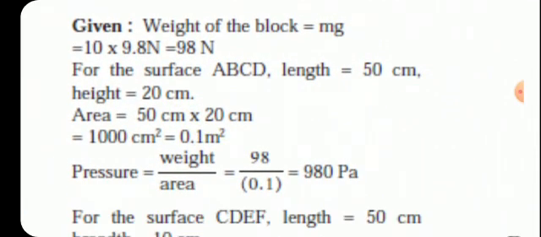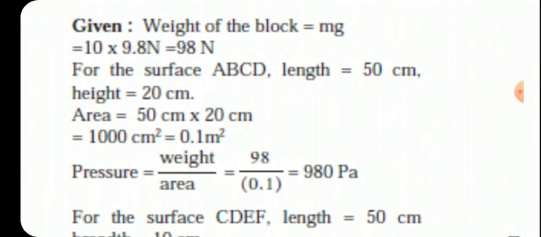Mass of block is given as 10 kilogram. We have to take out the weight of the block. Therefore, we will multiply mass into acceleration due to gravity. 10 multiplied by 9.8 is equal to 98 Newton is the weight of the block. For the surface ABCD, length is 50 centimeter and height is 20 centimeter.